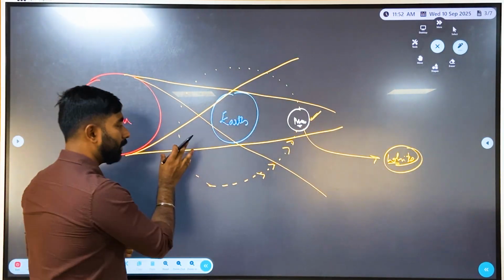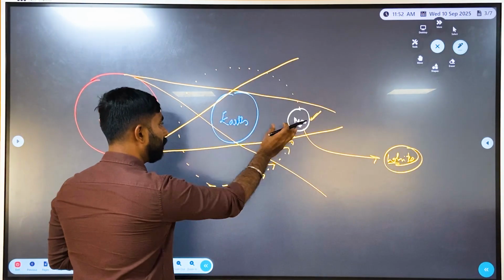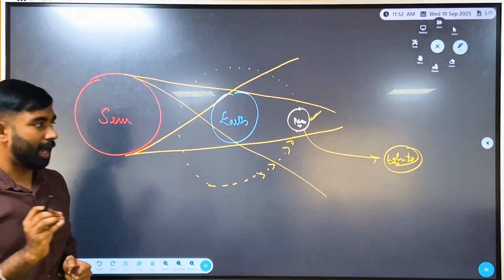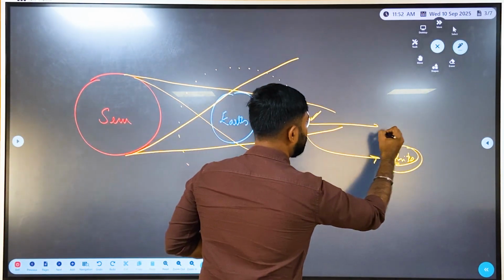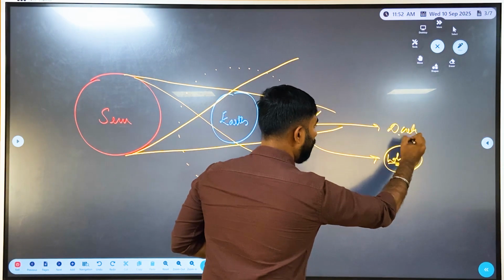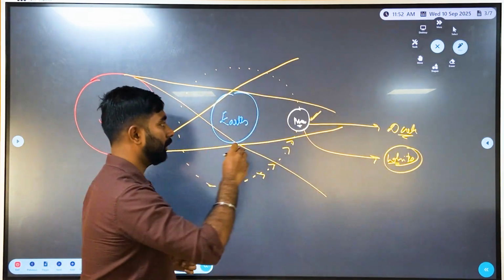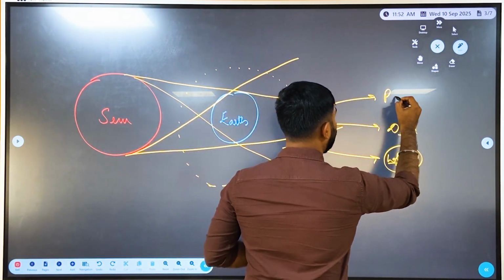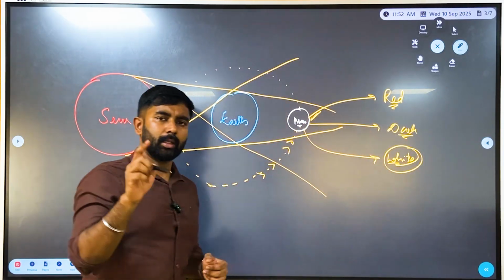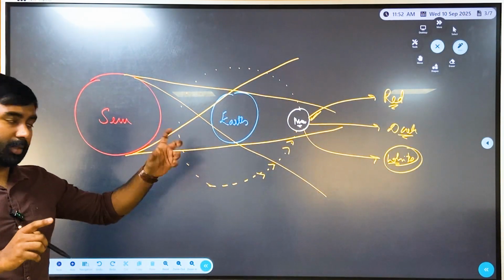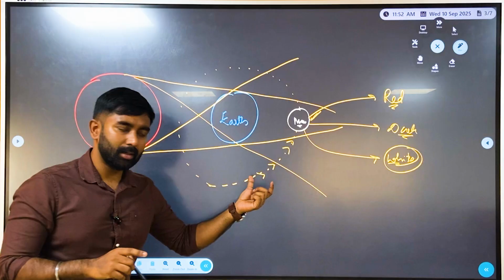So now when the earth comes in between the sun and the moon, generally what should happen? The moon should be dark. But on the contrary, the moon becomes red in color, right? So hence we call it the red moon or the blood moon. So now, why is it?